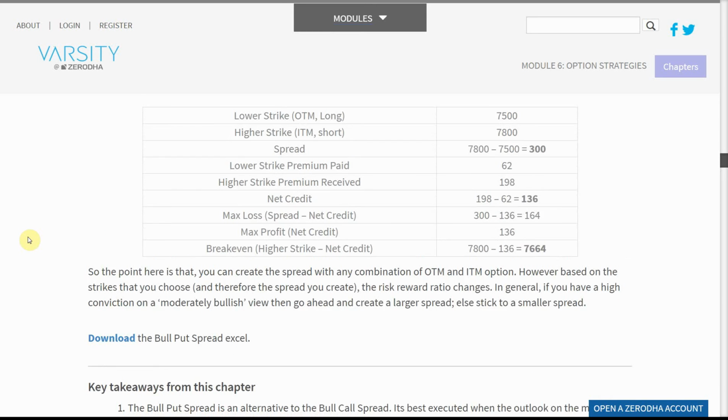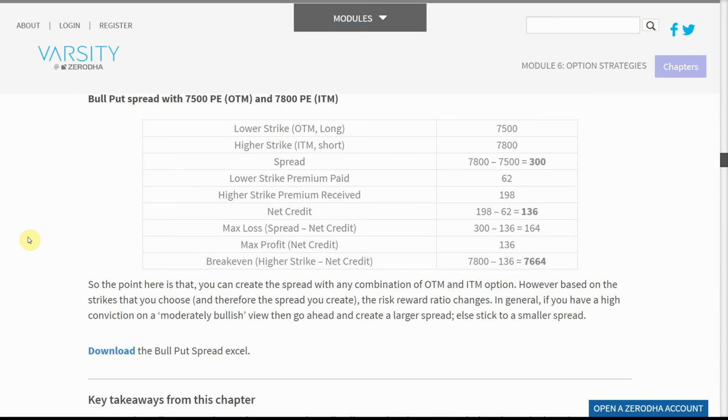Bull put spread with 7,500 PE OTM and 7,800 PE ITM. Lower strike OTM: long 7,500. Higher strike ITM: short 7,800. Spread: 7,800 - 7,500 equals 300. Lower strike premium paid 62. Higher strike premium received 198.